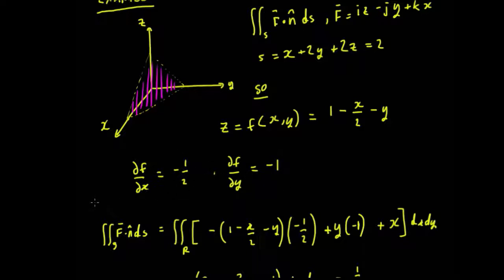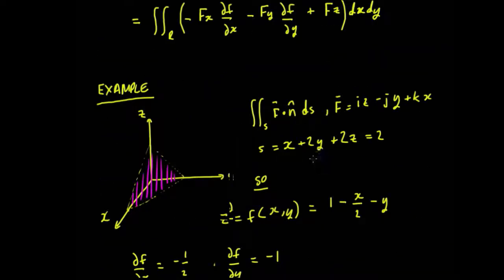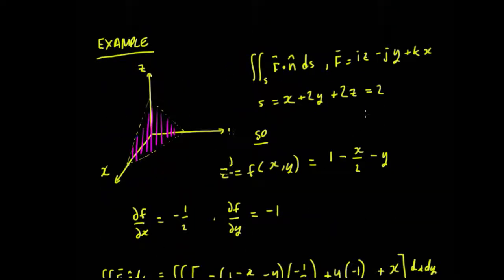So this surface integral is equivalent to the double integral over a region, and we're just going to have our values here. We have the value of minus a half for partial f by partial x up here, and the minus f in the x direction is just going to be the value z.